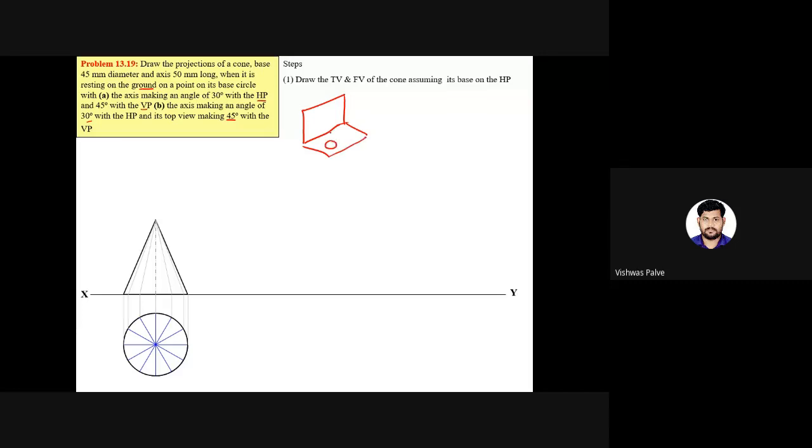Okay, this is the cone, somewhat like this it is there, right? And we are observing from here. So when we observe it from top, what will be seen? It will be seen as a circle. When we observe it from front, what you will be getting? You will be getting the triangle. Okay, so the triangular view. So this is the front view of that object and top view of the object.